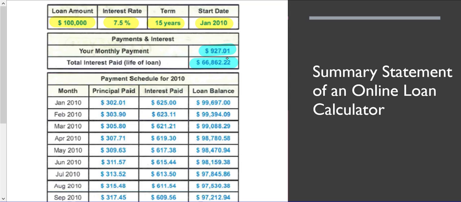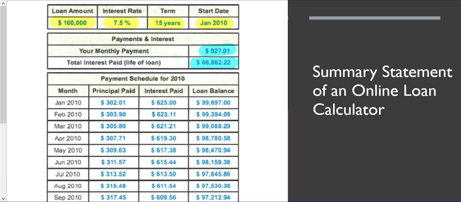If we look below it, you'll get a payment schedule, which shows you the months of your payments, how much of your payment goes towards principal and how much goes towards interest, and then what your new loan balance will be after each monthly payment.